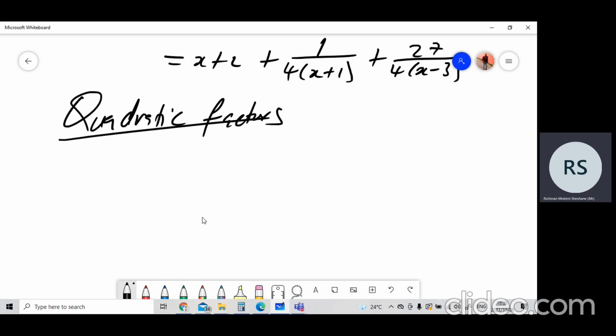Quadratic factors in the denominator. We're going to look at quadratic factors in the denominator by this example.